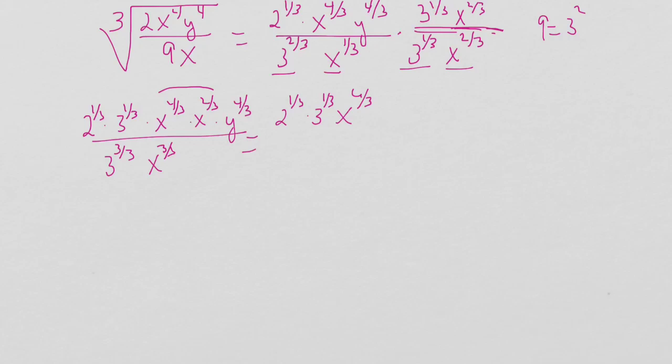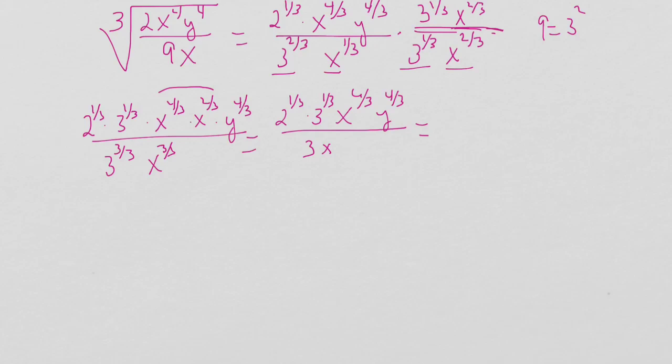Then I have y to the 4/3. In my denominator, 3 to the 3/3 is just 3 to the first, which is 3, and x to the 3/3 is x to the first, which is x. So our denominator definitely looks simpler.